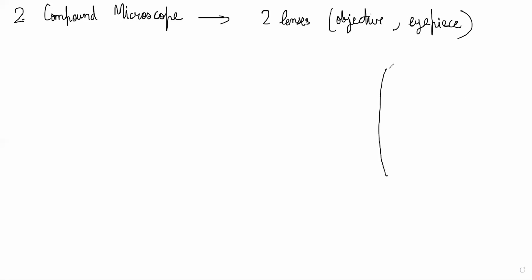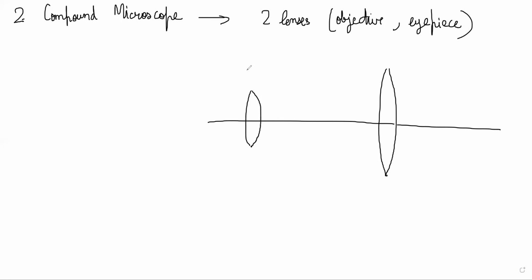Let's say this is the eyepiece and this is the objective, and let's label it. The object is placed at a distance u, which is slightly greater than the focal length of the objective.